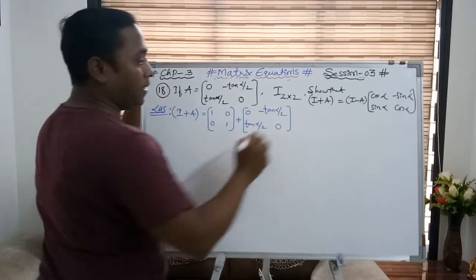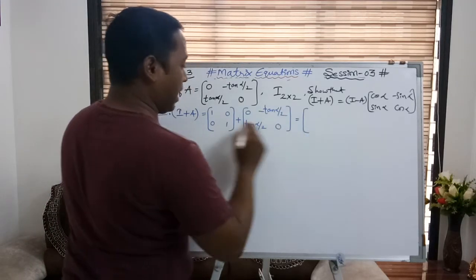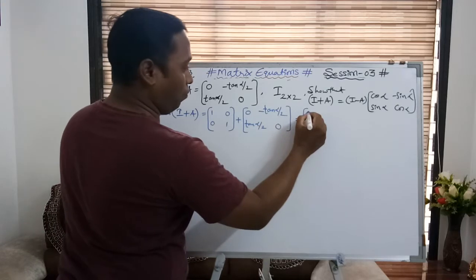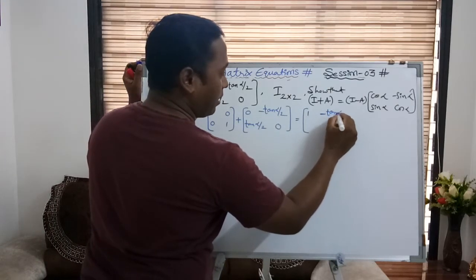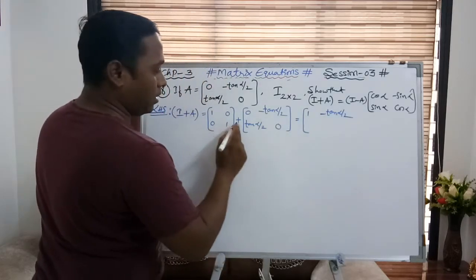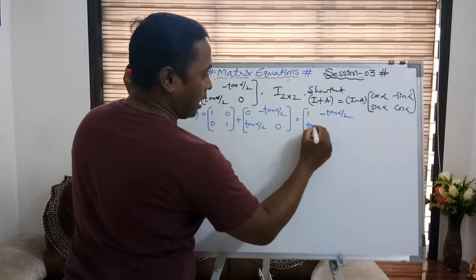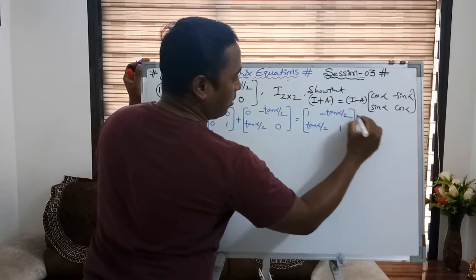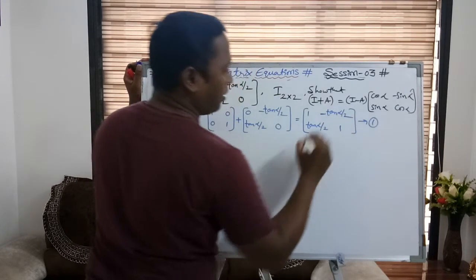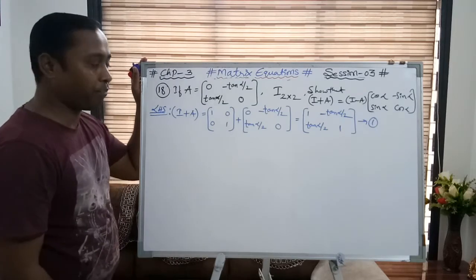So what you will get here as a left hand portion by adding them: 1 plus 0 is 1, 0 plus minus tan alpha by 2 remains as it is, minus tan alpha by 2, 0 plus tan alpha by 2 is tan alpha by 2 and 1. So this is my result number 1. You can say left hand side is done.